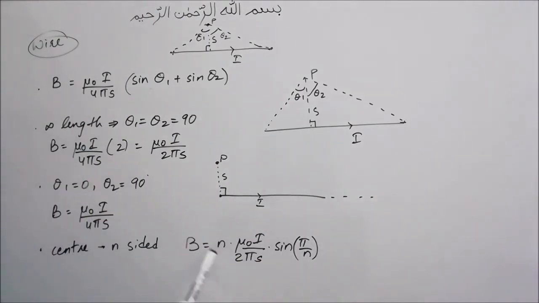N is the number of sides, S is the perpendicular distance between the center and that side. You will look at a problem and you will understand this. I am not giving the derivations because we already have a lot to learn.